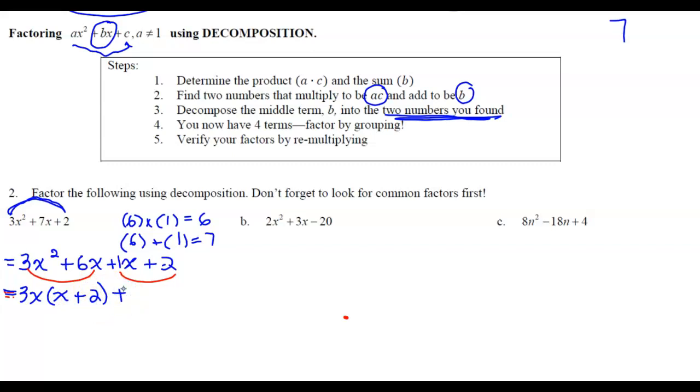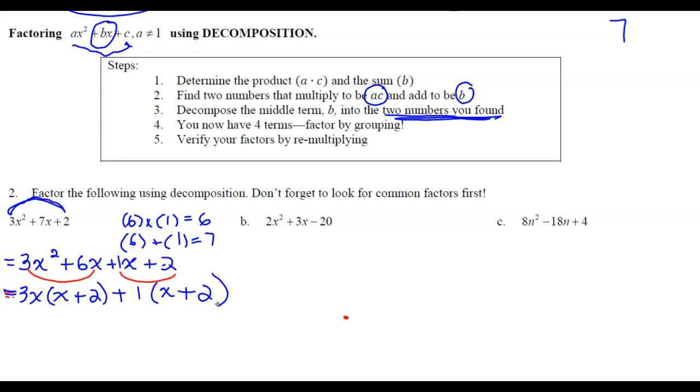Take a look. There's nothing common between the 1x plus 2, but funny, it's the same as the bracket. So you can almost consider factoring out a 1, even though that doesn't do anything to it. But for the first few questions that we're doing, might as well see that it's exactly the same.